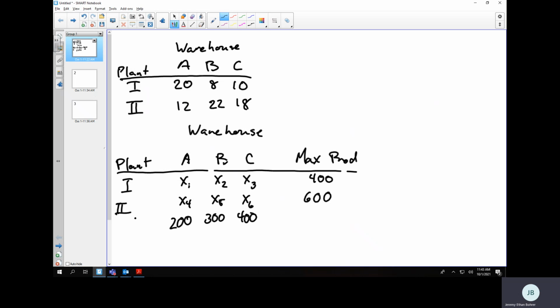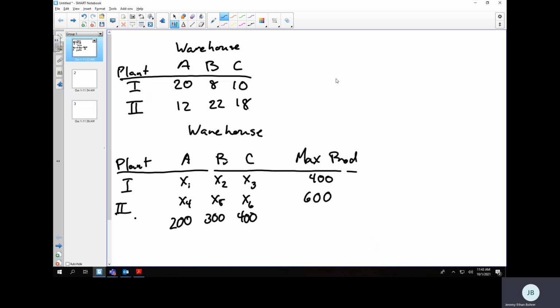From these two tables, we see the cost of shipping X1 loudspeaker systems from Plant 1 to A is $20 times X1. The cost of shipping X2 loudspeaker systems from Plant 1 to warehouse B is $8 times X2, and so on.